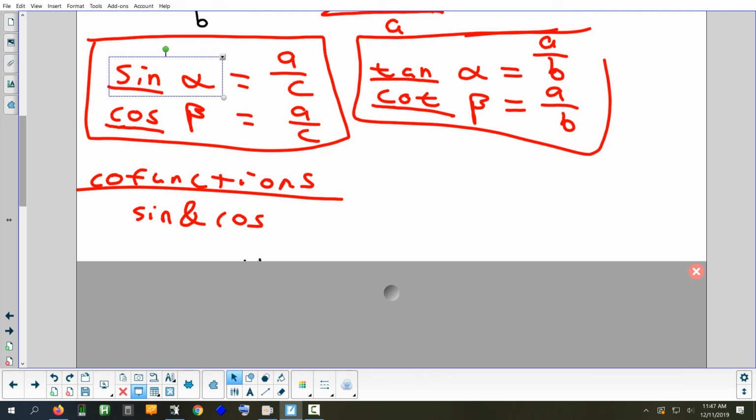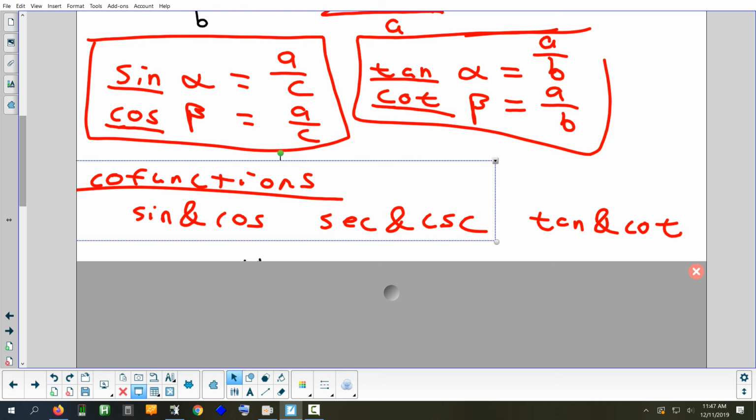And there are three pairs of cofunctions. Sine, cosine, secant, cosecant, tangent, cotangent. A cofunction is just when you take a trig function and you put the word co in front of it. That's all it is. Now, the only one that matches up the way we're used to is tangent and cotangent.